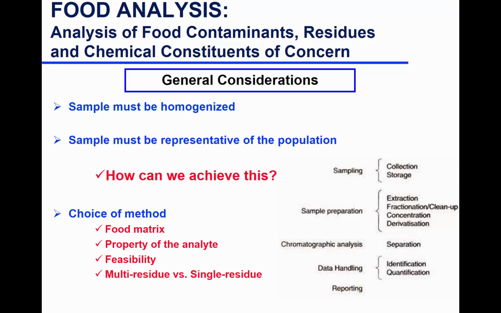When preparing a sample to measure contaminants of concern, since most of these are present either randomly or in a very, very small concentration, it's very important that the sample is homogenized and representative of the population. If you remember when we were talking about sampling at the beginning of the semester, we said it's very important to pull a large number of samples when you're looking at residues that are not randomly distributed or present in a small concentration.